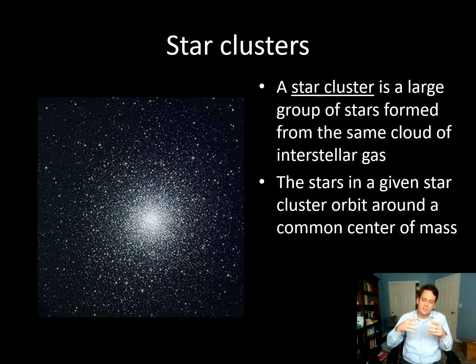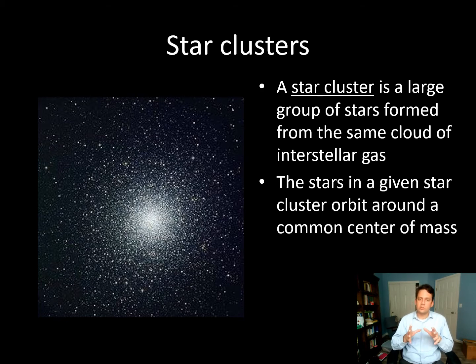But because many stars tend to form out of the same cloud of gas, these stars tend to form at very similar times, and they tend to have essentially identical compositions in terms of how much hydrogen, how much helium, and things like that.